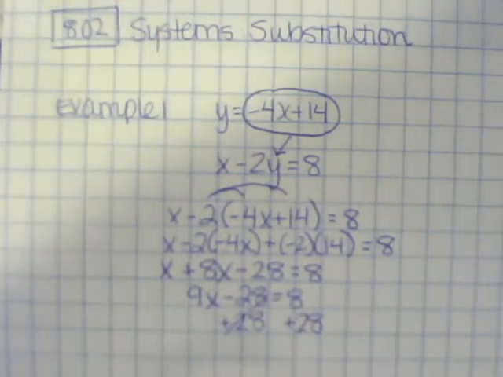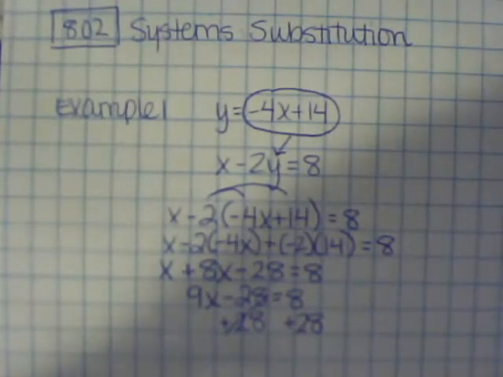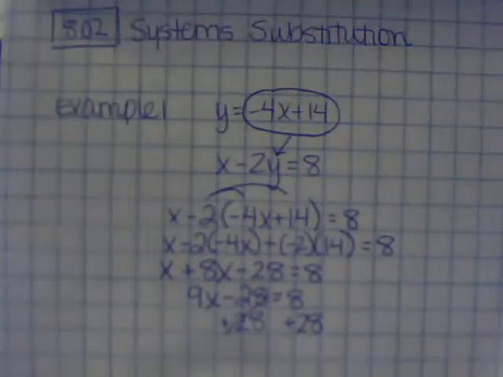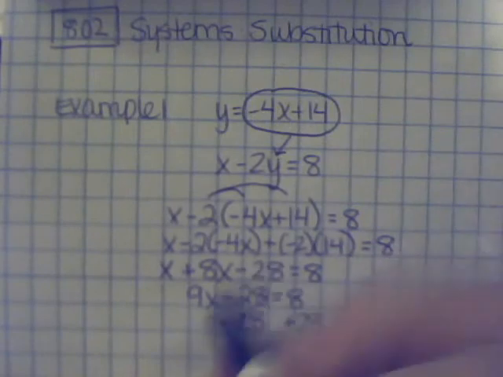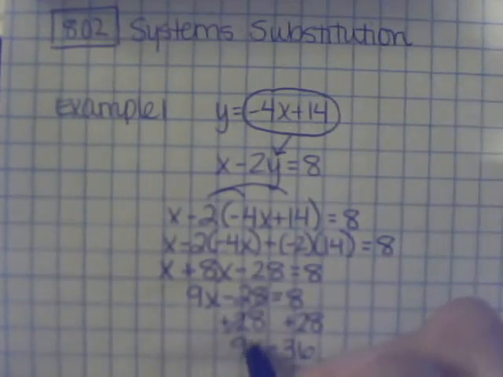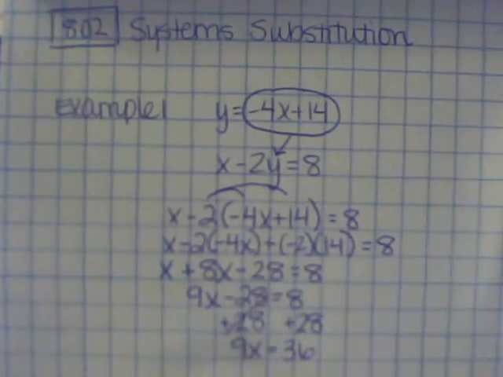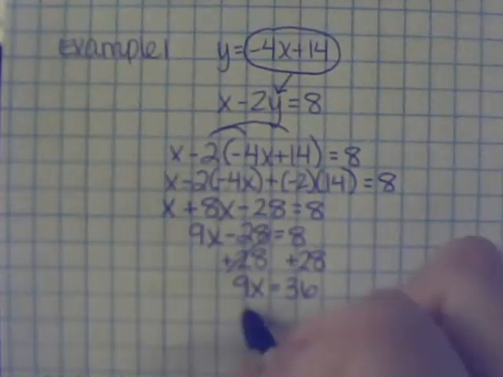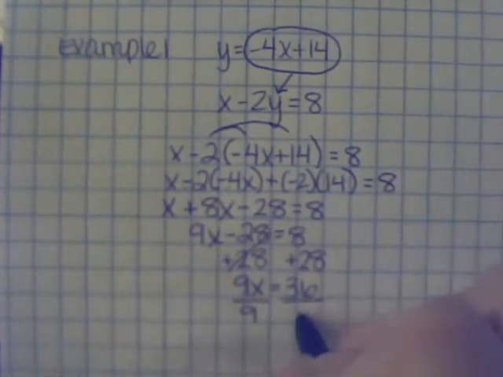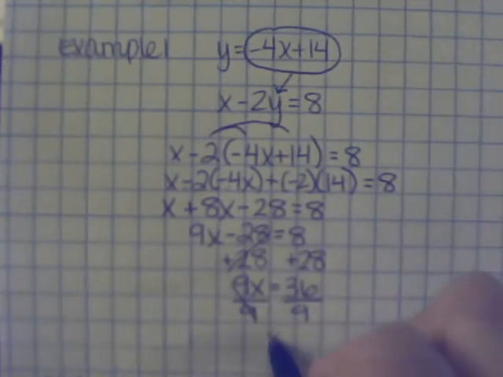And 8 plus 28 gives me 36. So on the right-hand side, I have 36, and on the left-hand side, I have 9x. Okay, my last step is to divide by 9, and I get x equals 4.